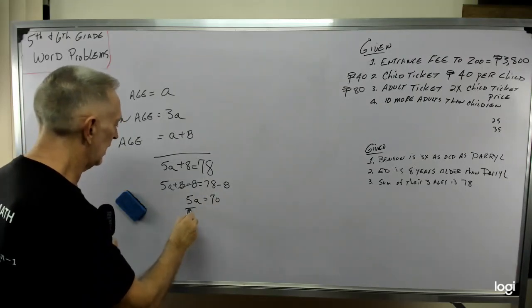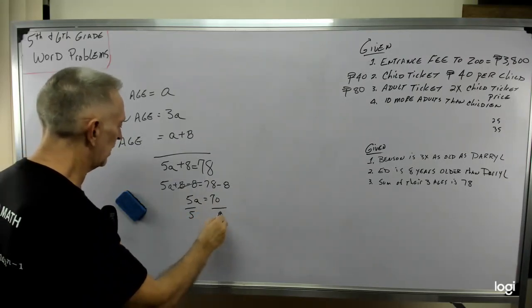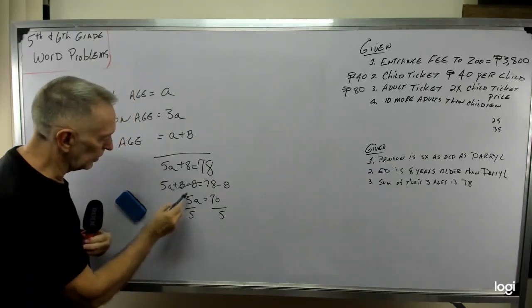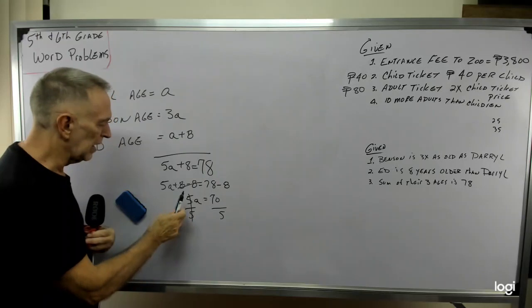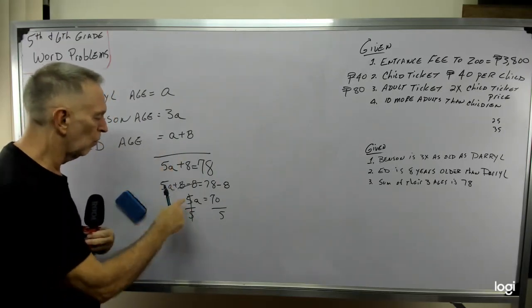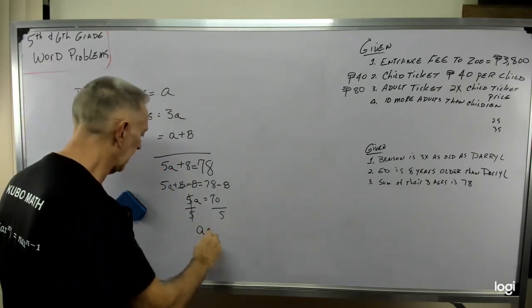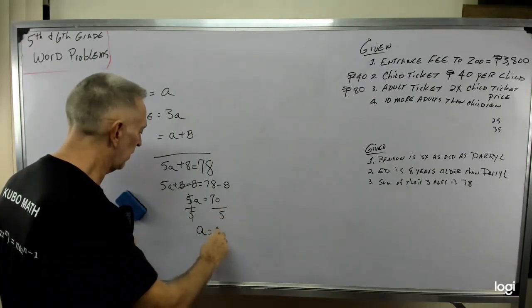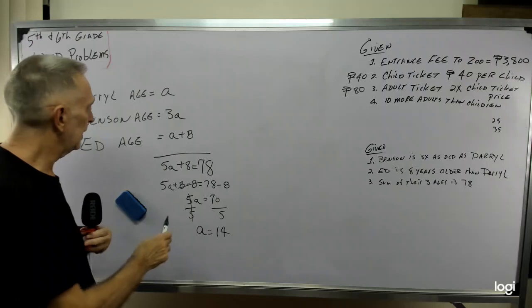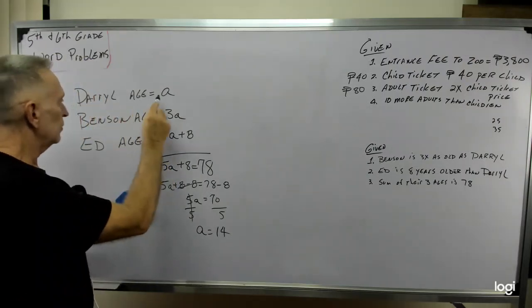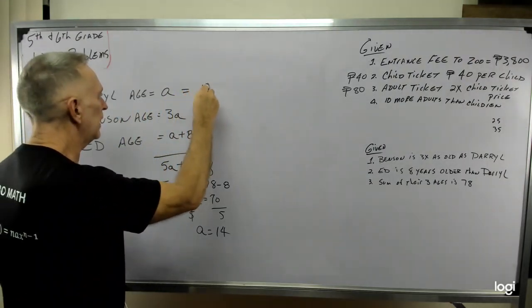If I divide both sides by 5, because I'm trying to get rid of the 5 and get it down to just one A, 5 divided by 5 is 1. 1 times A is A. 70 divided by 5 is 14. Okay? Daryl's age equals 14.